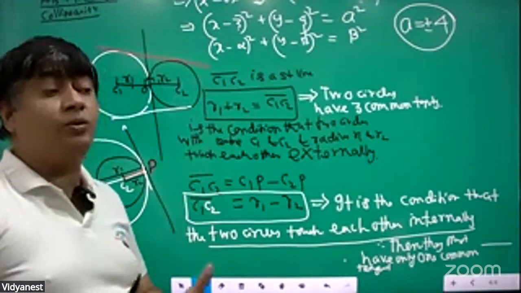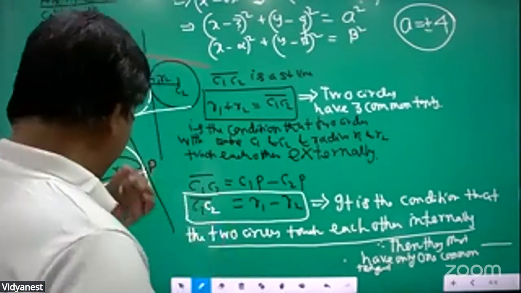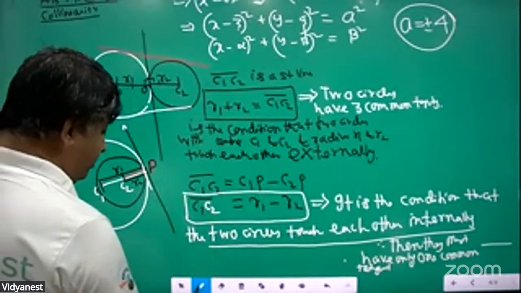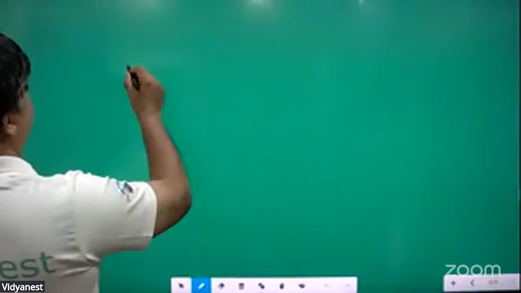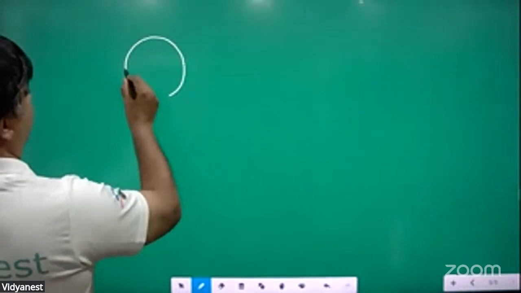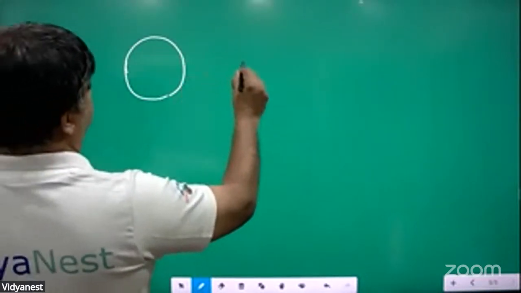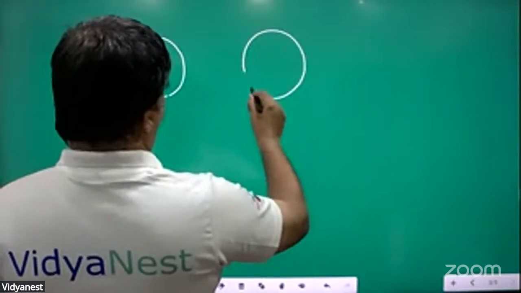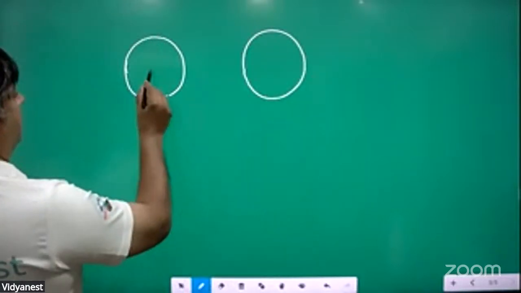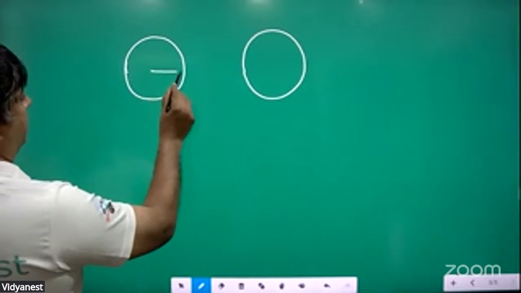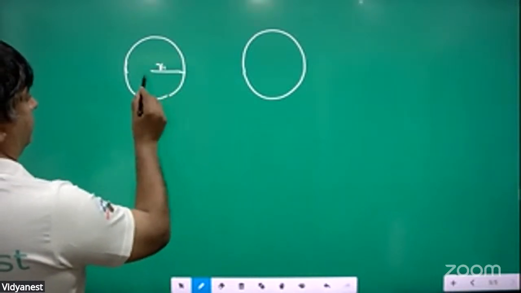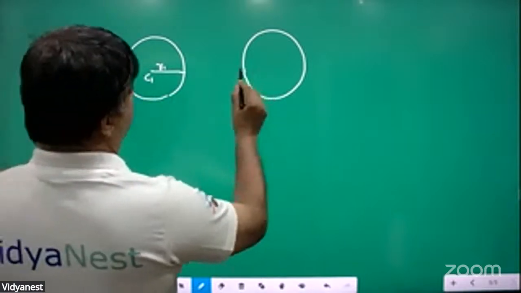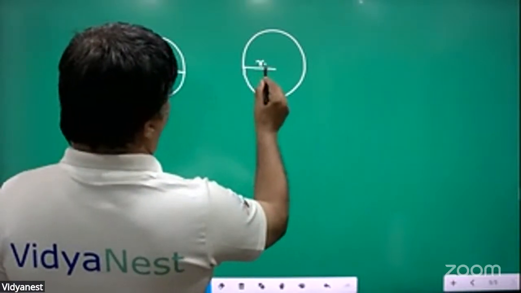If they do not touch each other, then what happens? Suppose two circles are kept aside. This is the radius of the first circle. This is the radius of the second circle.